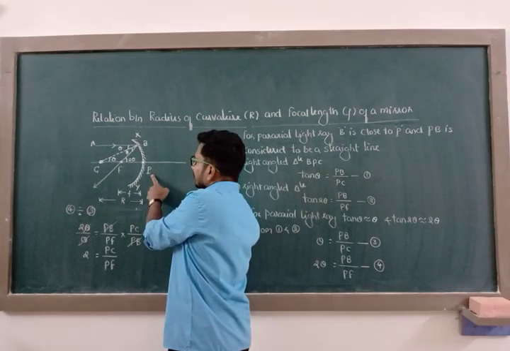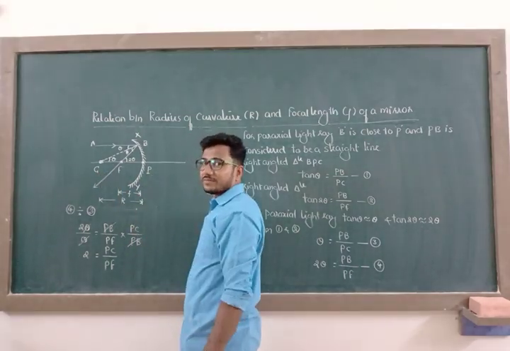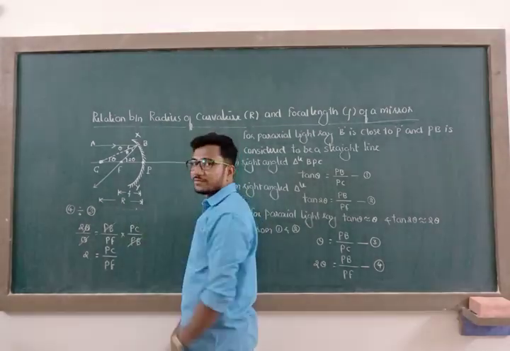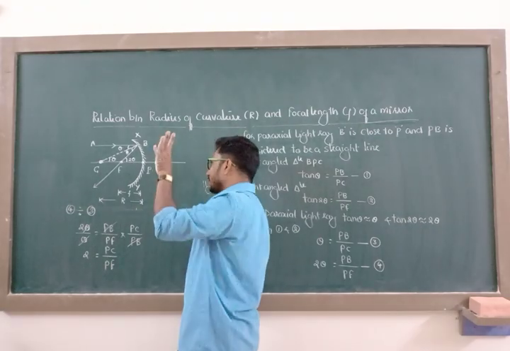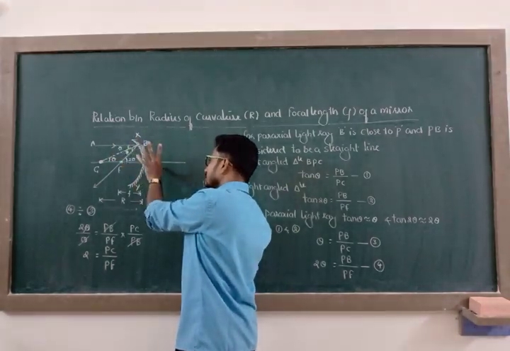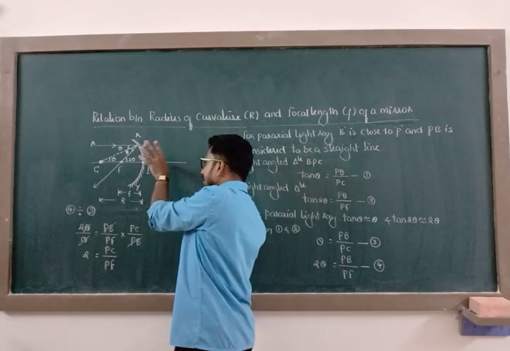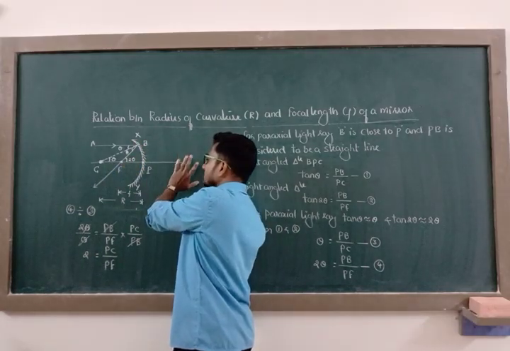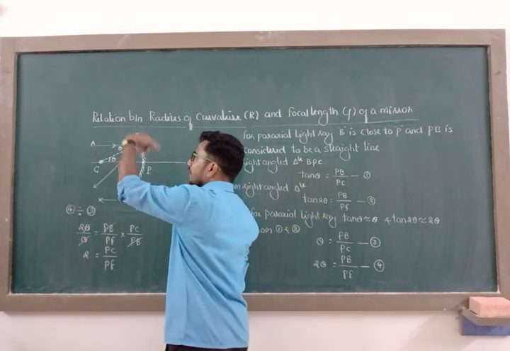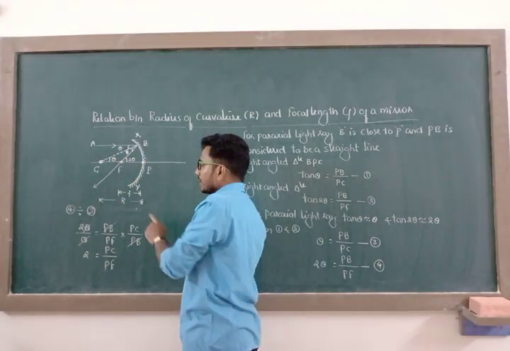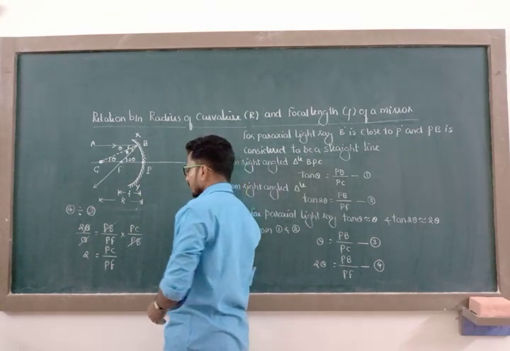Therefore, this distance should be negative, that is capital R. Similarly, PF, again the direction of measurement is right to left, and the direction of incident light is left to right. Therefore, we should consider this distance with a negative sign.